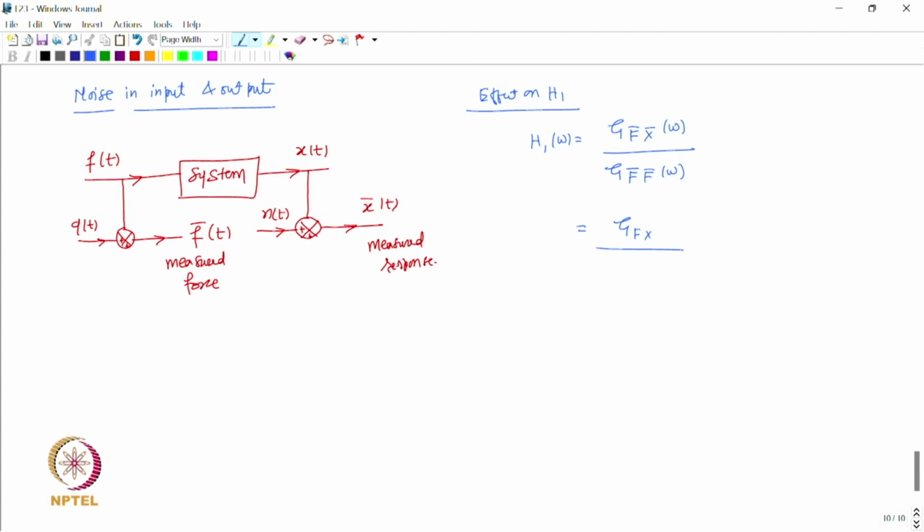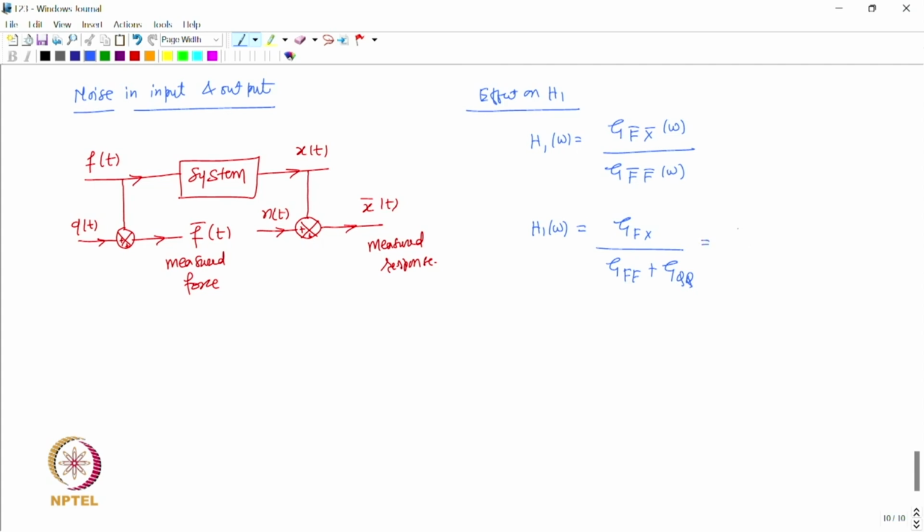And similarly, G f bar f bar would be affected by the auto spectrum of the noise q, and we can write that as G f f plus G q q. So, that is H1, and what we see is that this therefore is affected.